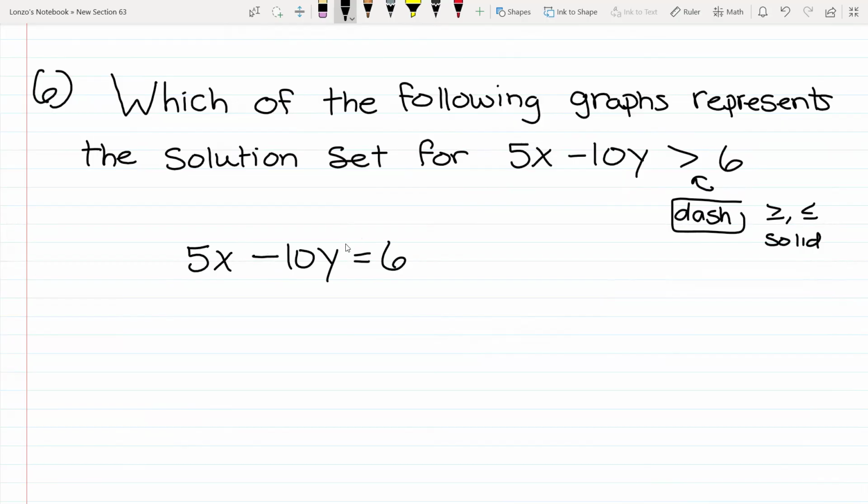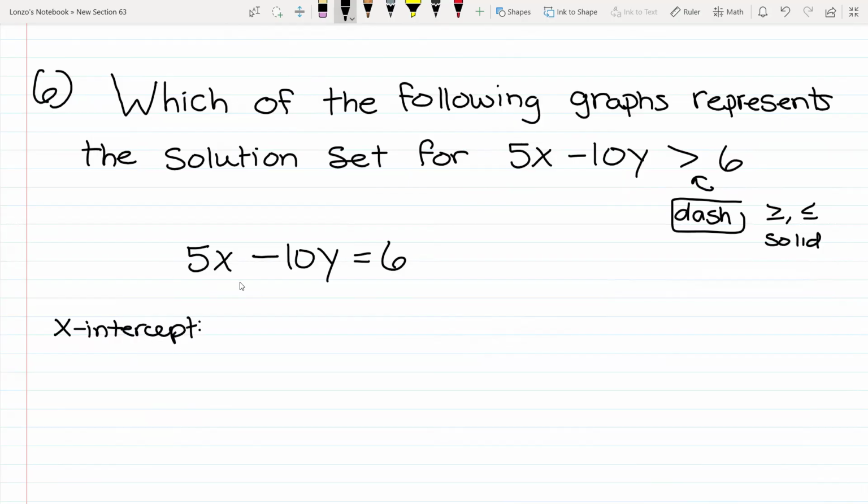Then how I'm going to graph this linear line: there are two ways. You can solve for y and use the rise over run method, or you can find 2 points, such as the x-intercept and the y-intercept, plot those 2 points, and then do the shading. That's what I'm going to do. I'm just going to find the x-intercept and the y-intercept because I'm really in a rush.